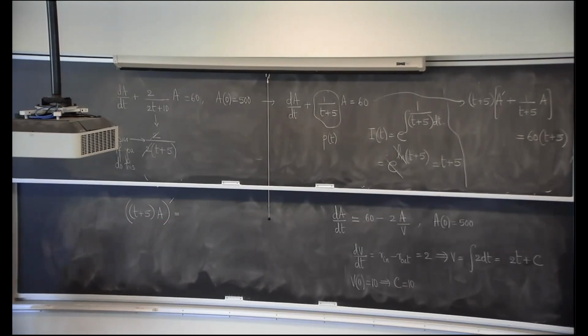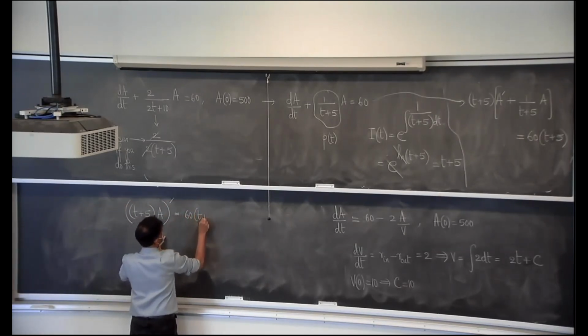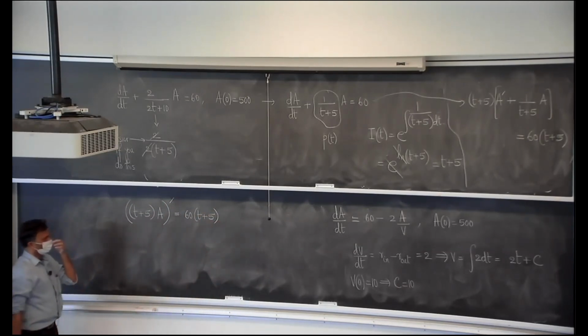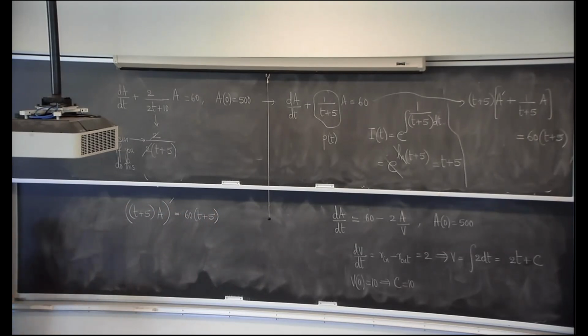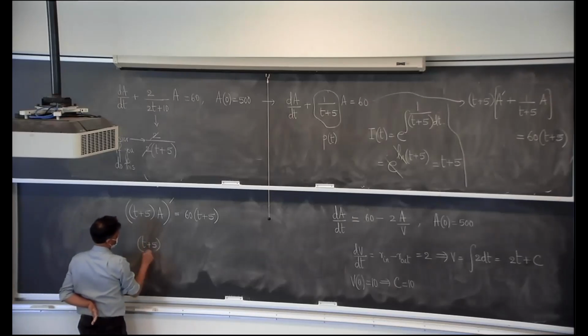That's the integrating factor, and that's equal to 60 times t plus 5. Integrate both sides with respect to t, and you get t plus 5 times A.